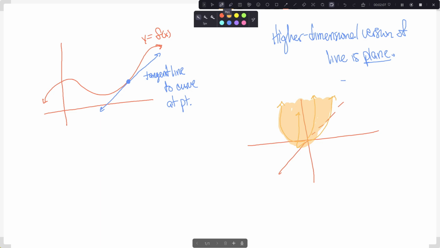If I want to talk about the higher dimensional analog of a line, I'm going to grab a point on the surface, and now my surface locally looks like 2 dimensions, and so there's some sort of plane passing tangent to my surface at that point, and the plane is the tangent plane to the surface at the point.